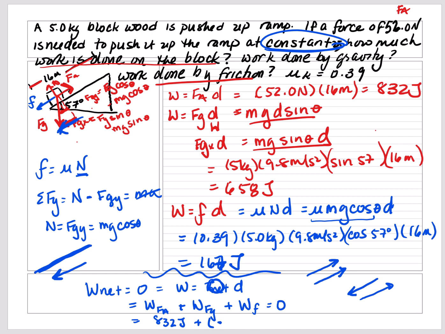So since they're going in opposite directions, this is negative. So that's going to be negative 658 joules plus WF. This has to equal 0. So if you notice, WF is approximately 174 joules, which is close enough here because we rounded a lot of the values as we went along. So that's another way to do it.